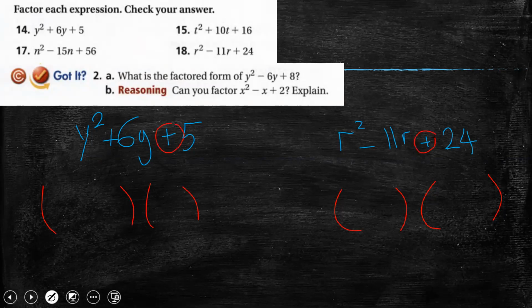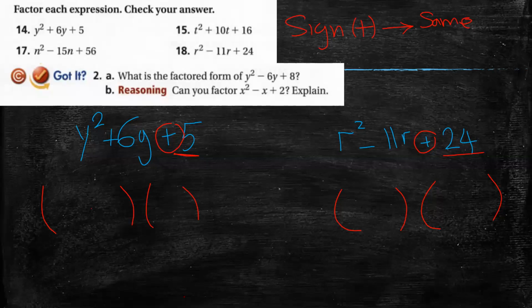If the sign of c is positive, be careful here, the sign of this c, 5 and 24, is positive. That means the signs here and here will be the same.